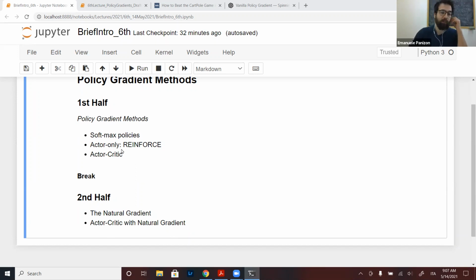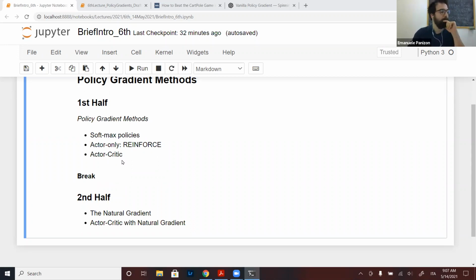And we will start with a very simple algorithm, which is called REINFORCE, which is actor only, in the sense that we will only deal with the policy. We will forget about value function in a sense. And then we will reintroduce the value function, which will allow us to be more efficient with some bootstrapping. And this will be called actor critic.